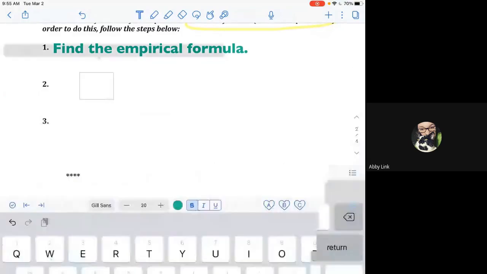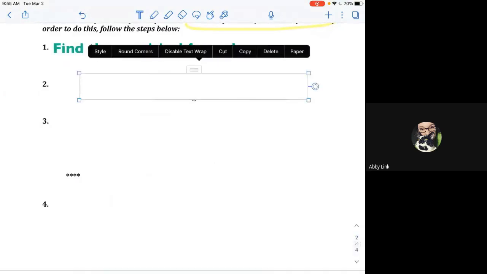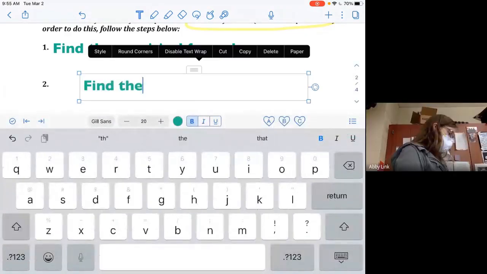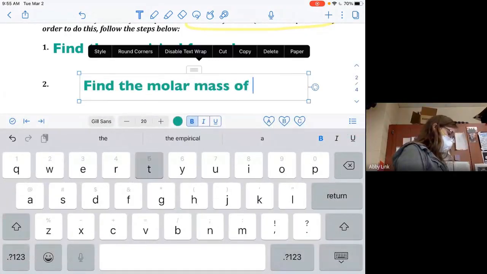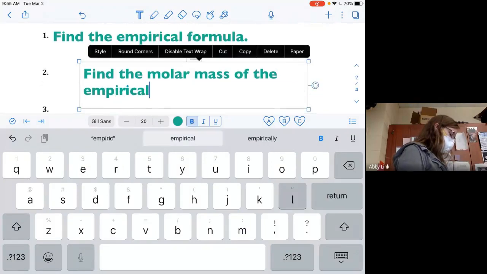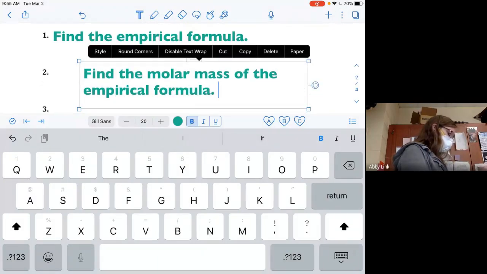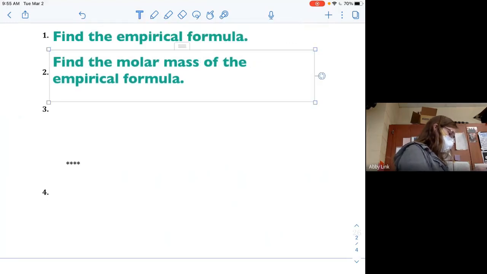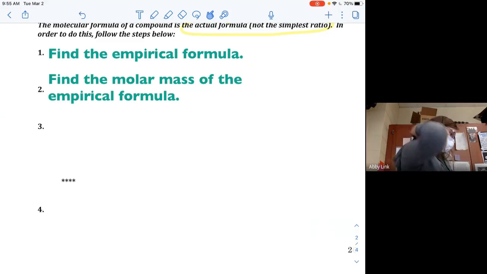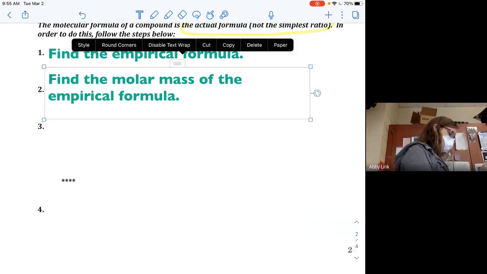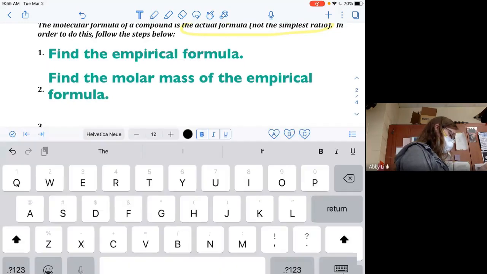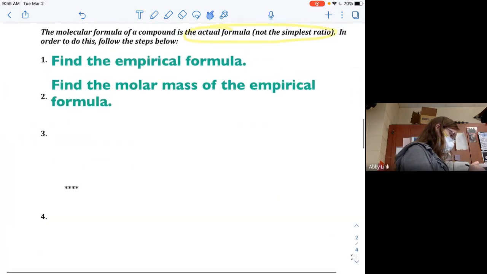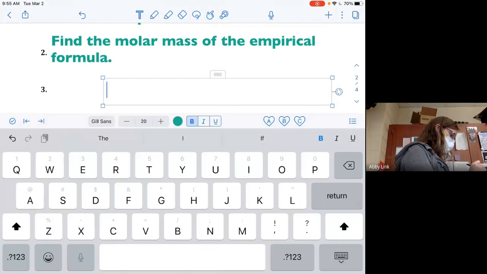The second step is to find the molar mass of the empirical formula. All right, we've been doing molar mass now for like 2, maybe 3 weeks. So we should be pretty confident about being able to find the molar mass of the empirical formula. All right, step number 3. Here's where things get a little bit new to us.